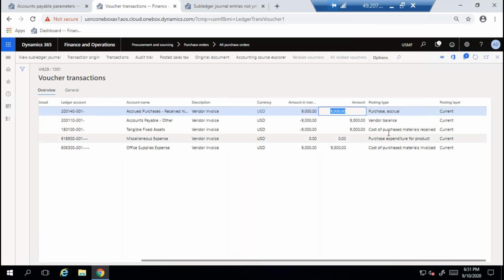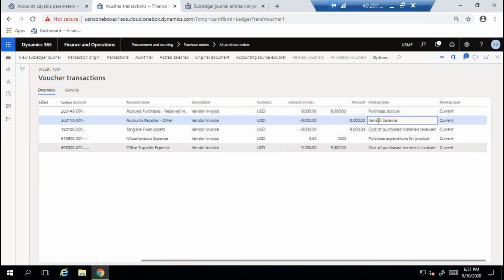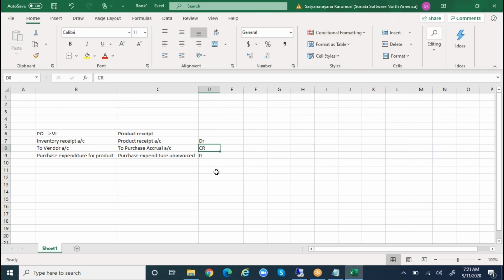This is reversed. And the actual posting is cost of material invoiced account debit, vendor account credit. Understood? Little bit tricky, but not complex. You need to understand: whatever is posted at the time of product receipt will be reversed exactly during invoice.